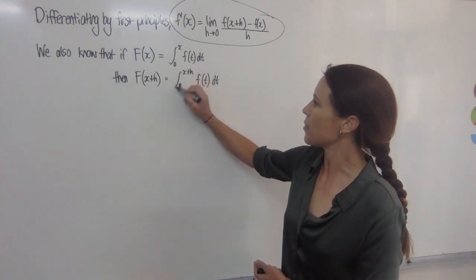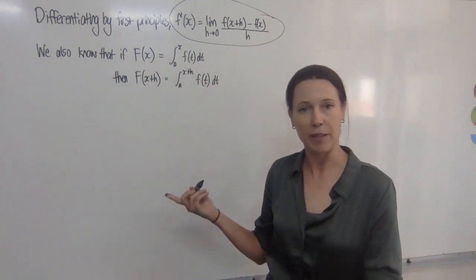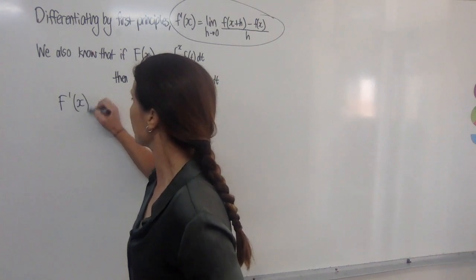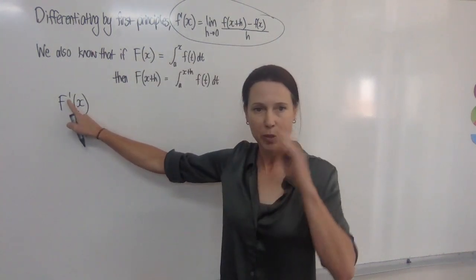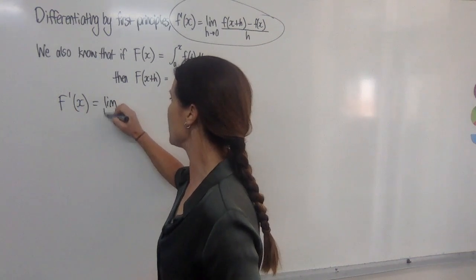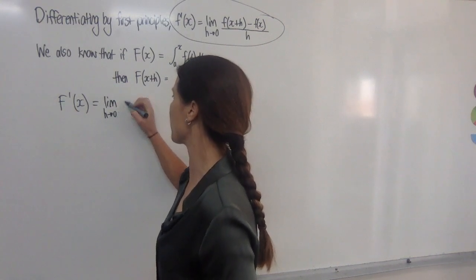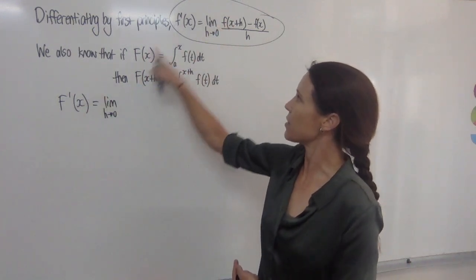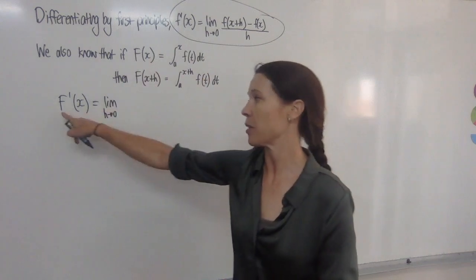So clearly it just means that we're going to an upper bound of x plus h. So we can start by saying, if we differentiate by putting the dash in to big F of x, then what we're going to get is the limit as h approaches 0 of, well, compare these two formulas. The only real difference is that this one has a little f and this one has a big F.